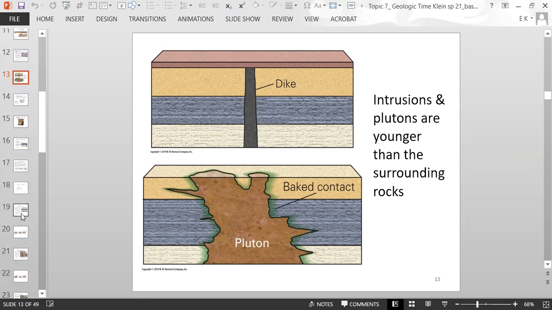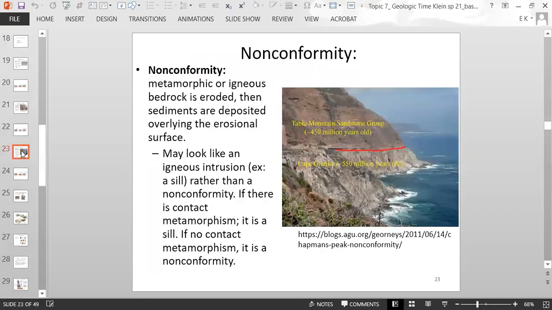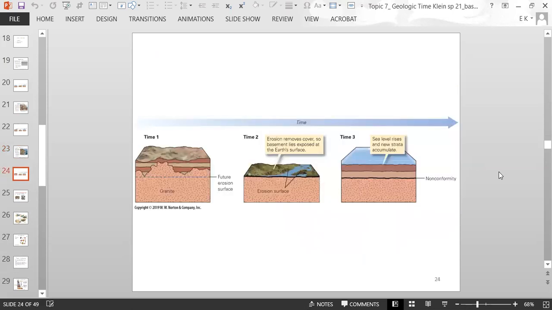But in the case that I just showed you, there's no contact metamorphism, so that tells us it's a non-conformity instead of an intrusion. Okay, so here is the timeline. You have the granite, then you had erosion, and then new sediment deposited on top.